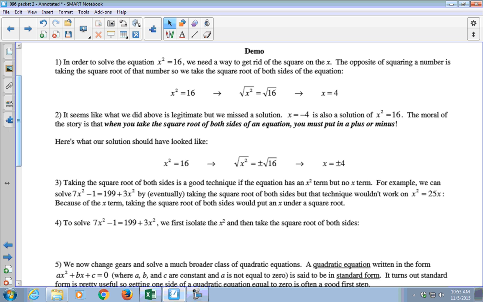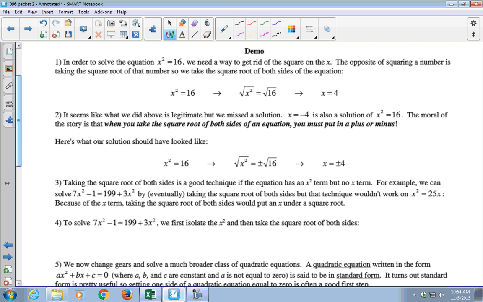So what undoes squaring? Square rooting, yeah. The opposite of squaring a number is taking the square root of that number. So I would take the square root of both sides of the equation, and the square root of x squared is x, and the square root of 16 is 4, right?